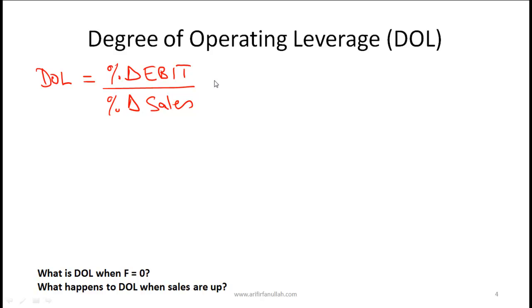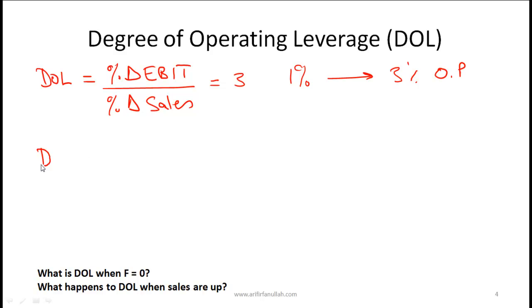So if the degree of operating leverage of a given entity is equal to 3, this means that a 1% change in sales volume will lead to a 3% change in operating profits. So the higher this leverage, the greater the impact of a 1% change in sales. And as we'll see, companies that take on more fixed cost tend to have higher degrees of operating leverage.